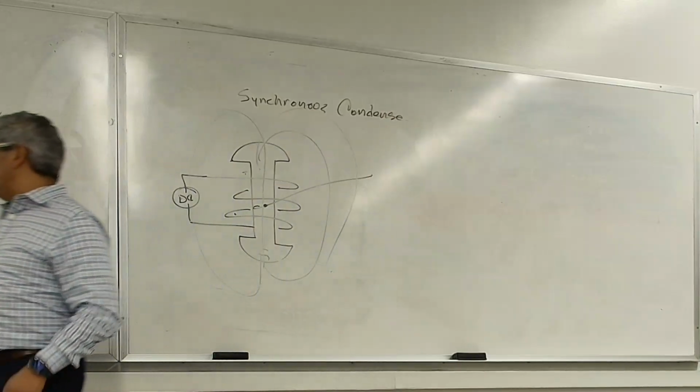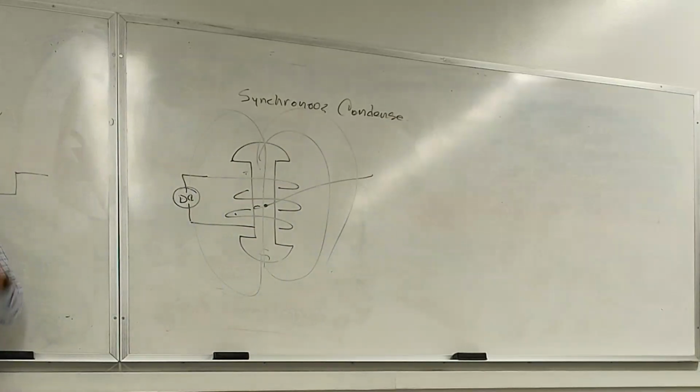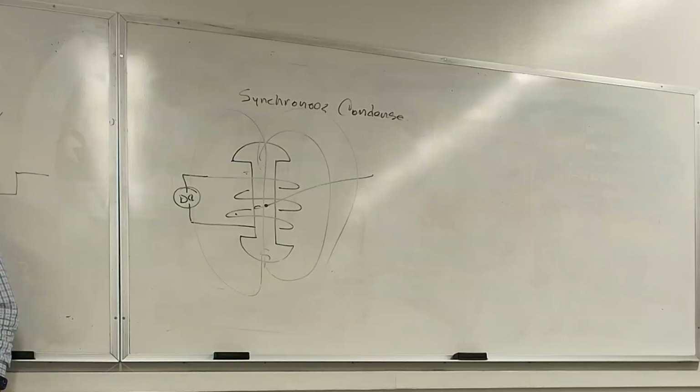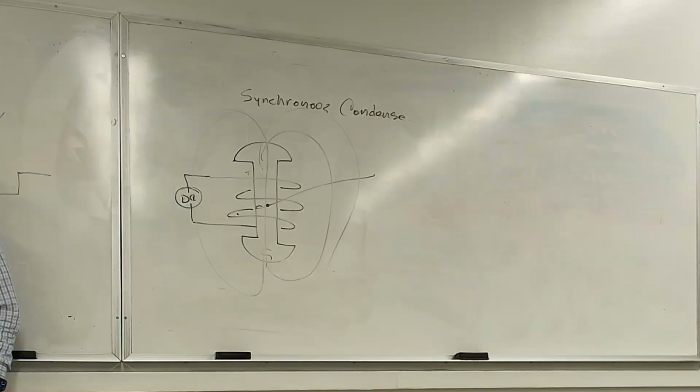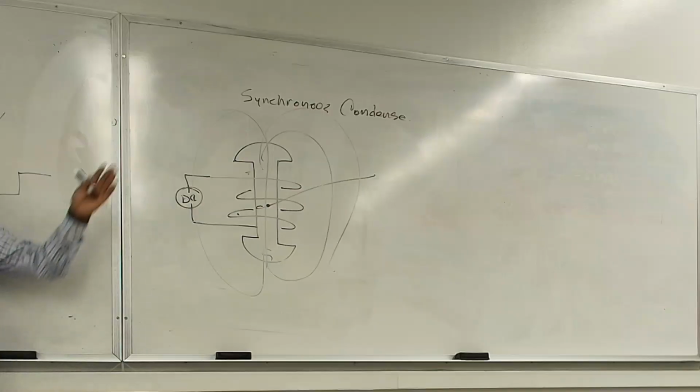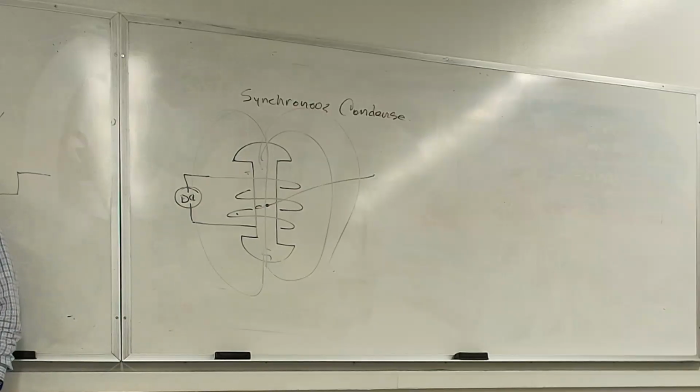Basically it is a synchronous machine with no load. The only purpose is not to consume real power. The only purpose is either to produce or to absorb vars, to improve your power factor, to improve voltage. That's the only purpose of it, and the name of it is synchronous condensers.